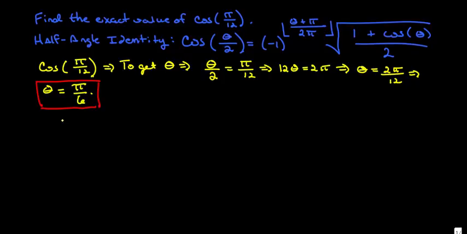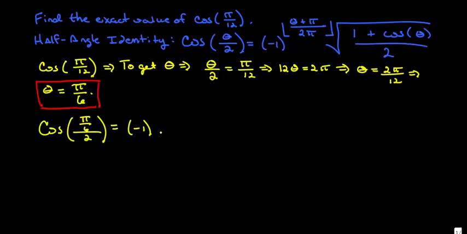So here's what it's going to look like. The cosine of pi over 6 divided by 2, which we know reduces to pi over 12, is equal to the following.